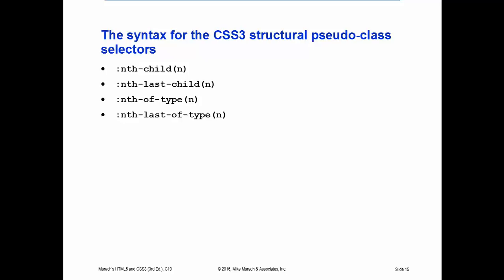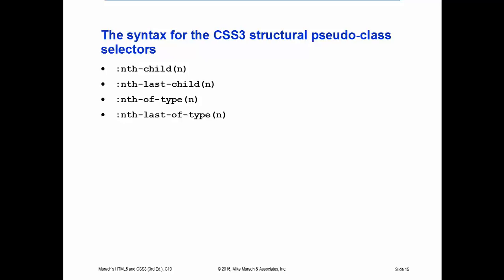You can find the nth child of a parent counting backwards by using the nth last child, the nth of type with a parent, and the nth of type counting backwards.